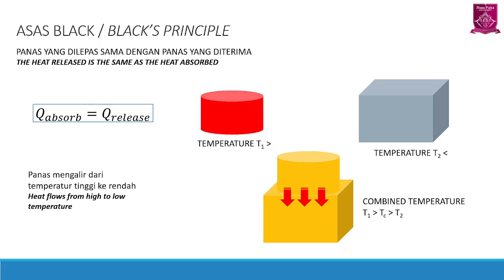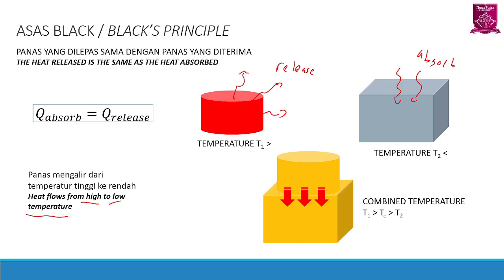The object with the higher temperature will release heat, and the one with the lower temperature will absorb the heat. Based on Black's principle, the heat absorbed is equal to the heat released, and the heat flows from high to low temperature.